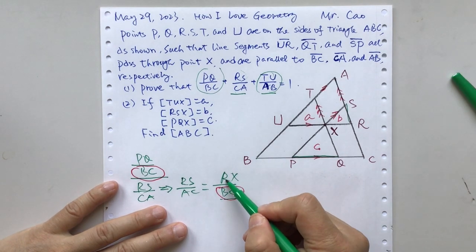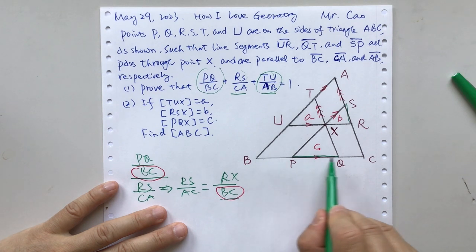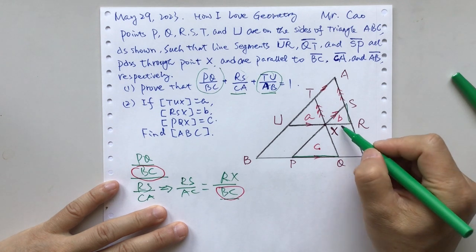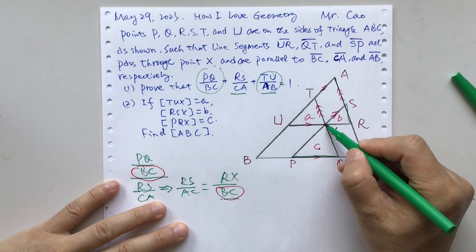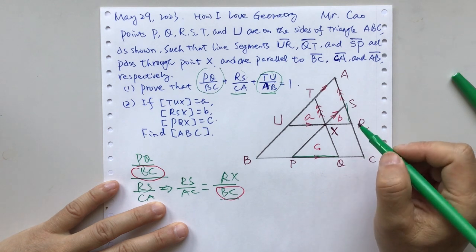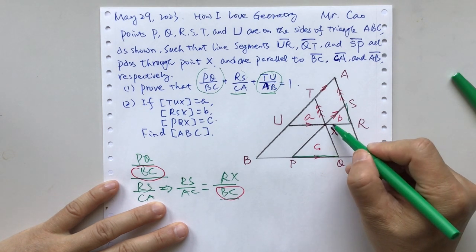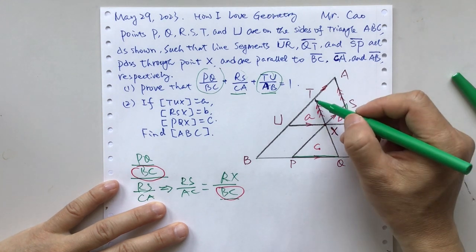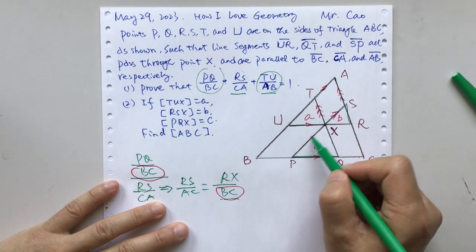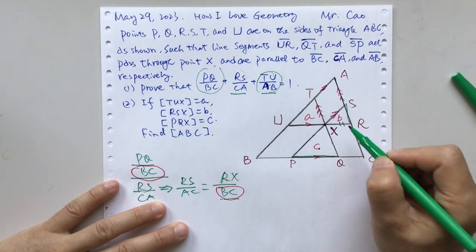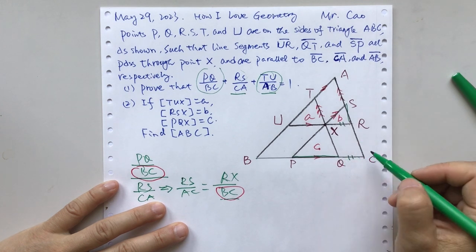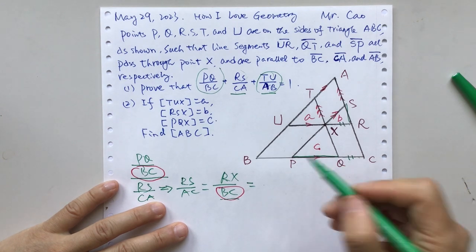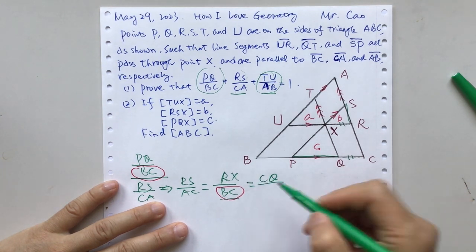But RX is not on BC, right? But we know CRXQ is a parallelogram, because this pair of sides are parallel, and this pair of sides are also parallel. And this is also a parallelogram, and here is also a parallelogram. So RX is congruent to CQ, and then we can convert it to CQ over BC.